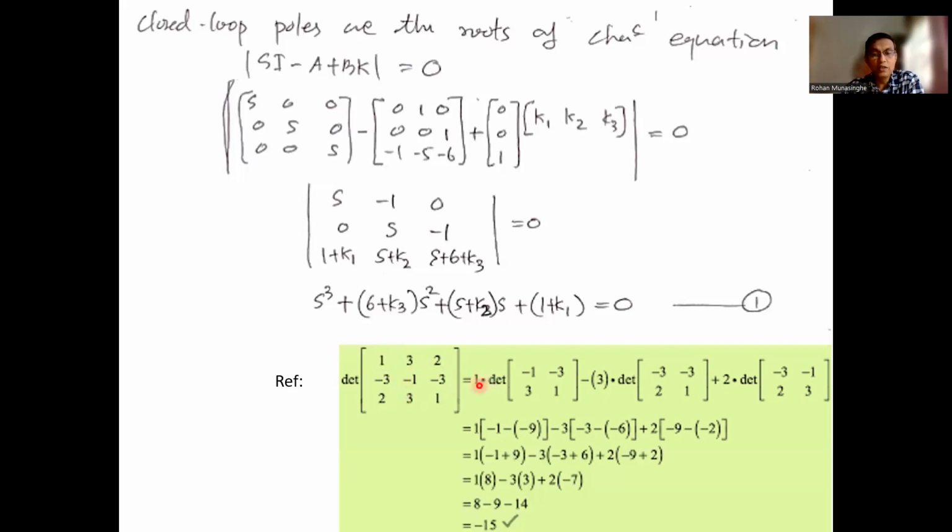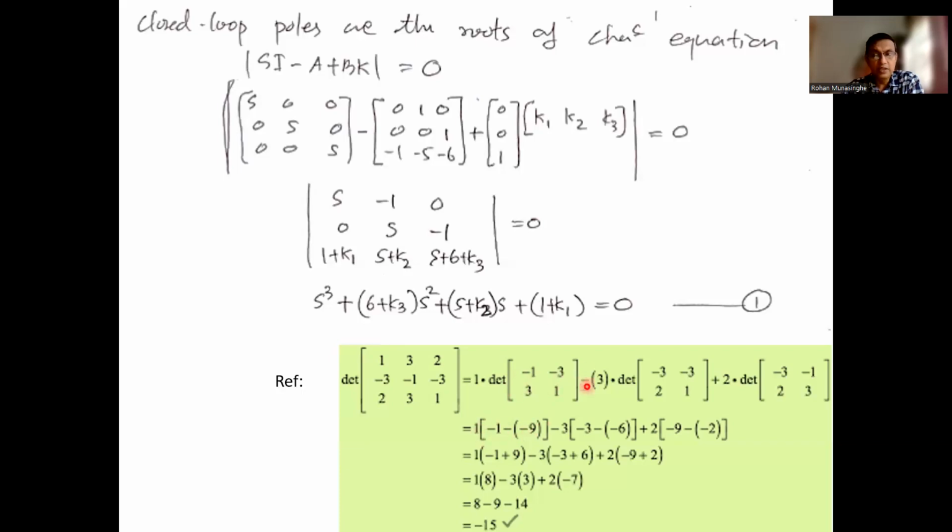So it is 1 times the determinant of this small matrix, 1, 1, 3, 3. Over here you multiply the diagonal -1, 1, then you put a minus sign, multiply the other diagonal, 3 times 3, -3. So it's minus 9. Okay, first term.